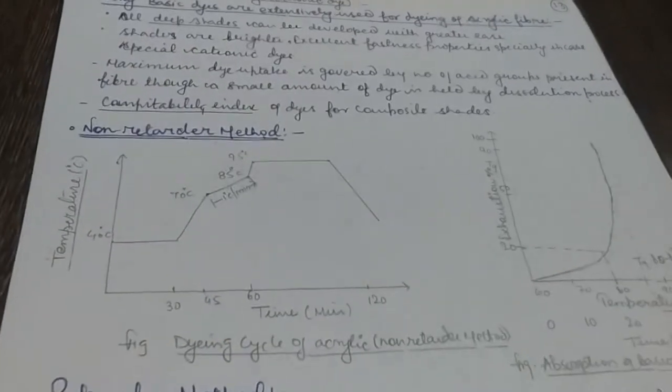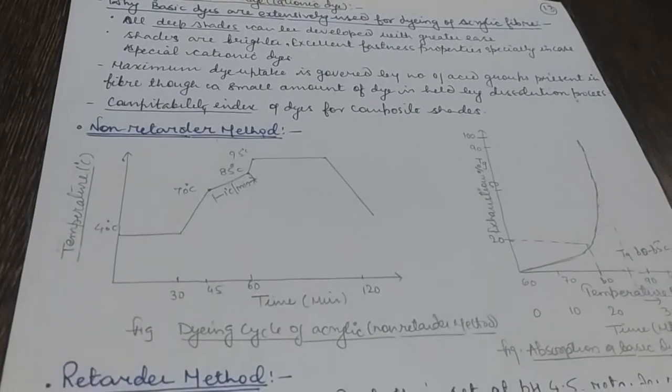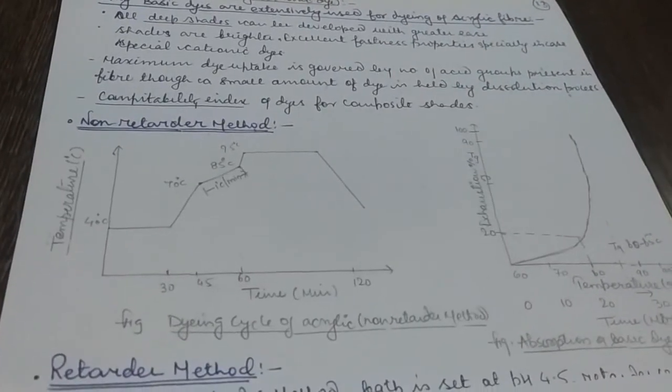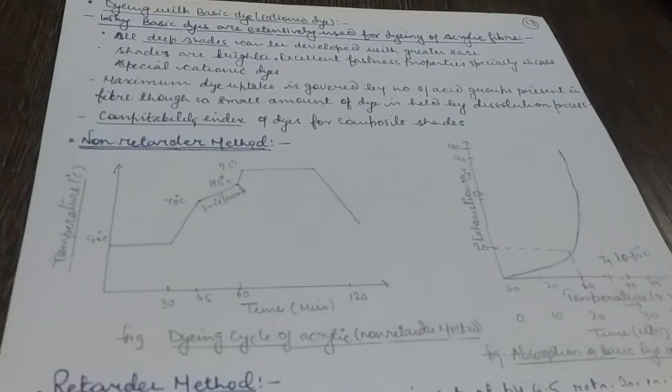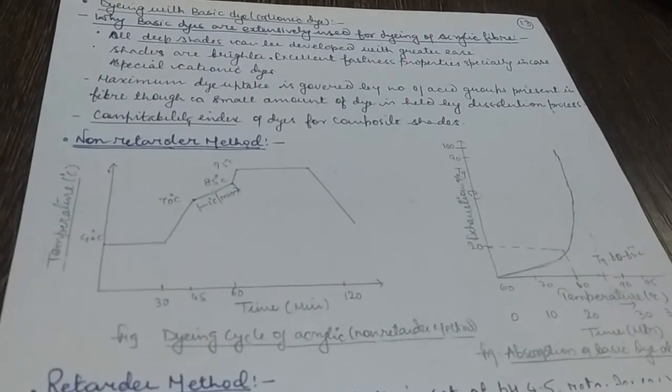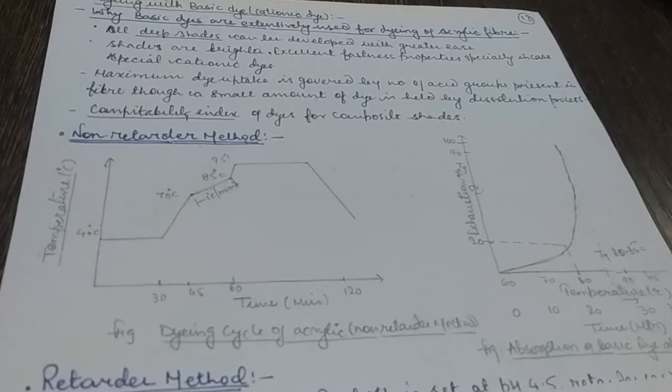So when the dye bath crosses or nears the glass transition temperature of the fiber, the rate of heating should be minimized, because by minimizing the rate of heating we can control the exhaustion, and by controlling the exhaustion we can achieve a level state.